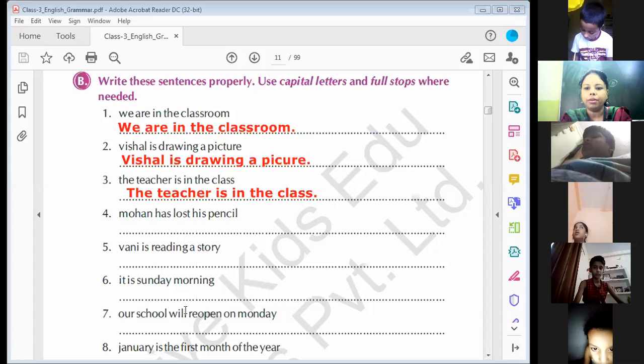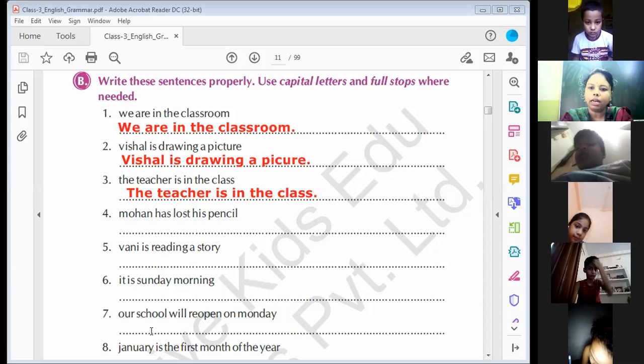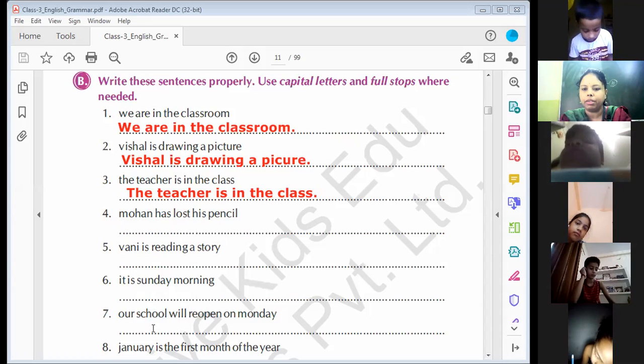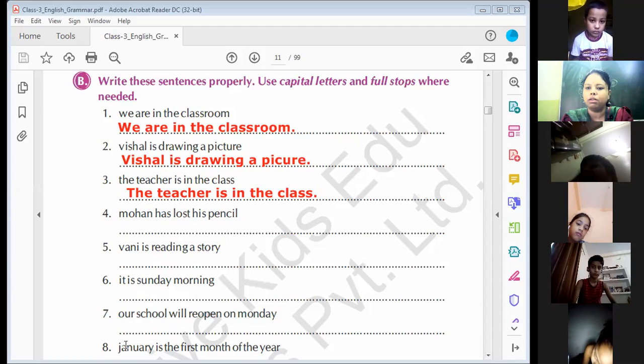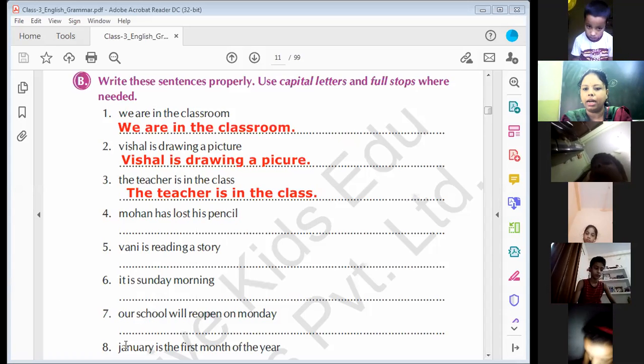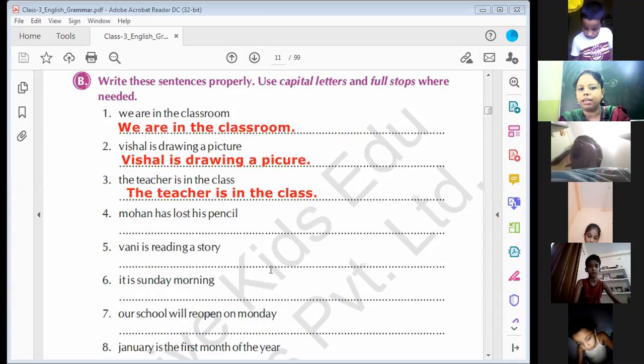On your camera, everyone? I hope you all have written. Rest of the questions you all have to do by yourself. They are very simple. If you have any doubt, then you can text me. You can send me a message that, ma'am, I'm unable to do this question. Can you please explain? Anything you can ask me. Understand? And this exercise is very easy.